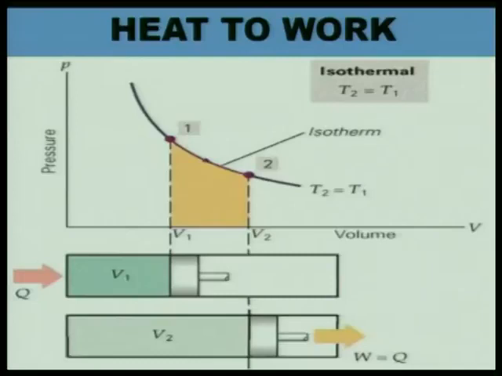In this PV diagram, the movement of the piston is from 1 to 2, where the volume of air inside the cylinder is increasing from V1 to V2. From V1 to V2, when volume is changing, temperature remains constant. The expansion process from 1 to 2 is just an isotherm. Isotherm means temperature remains constant.